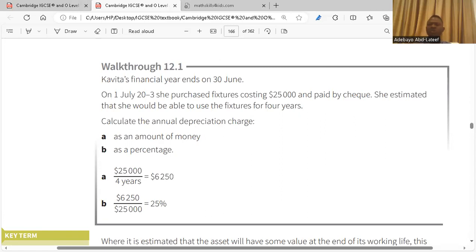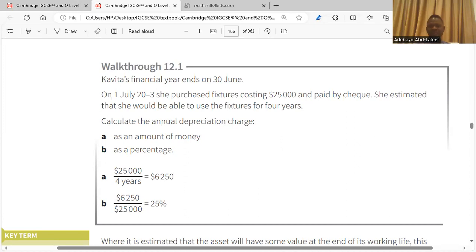The historic cost of that fixture is 25,000. Now calculate the annual amount of depreciation as an amount of money. It is the cost of asset divided by the expected lifespan, which is 25,000 divided by 4 years. So 6,250 is the amount of depreciation.